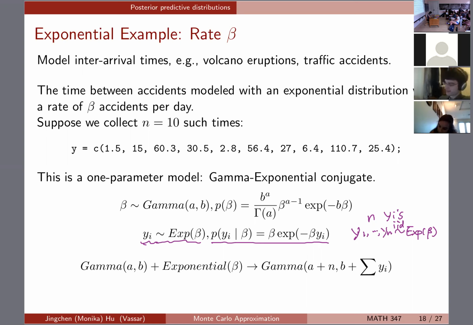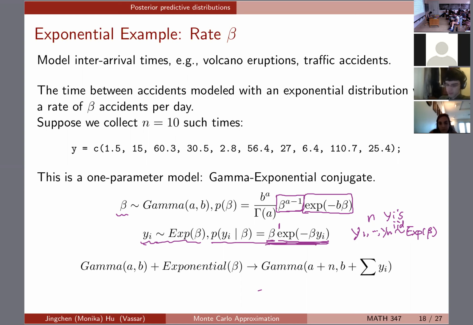You notice that because the random parameter here is beta, the kernel will be beta raised to some power, and then in the exponent, some negative thing multiplied with beta. Over here you see that this is beta raised to the power of 1, and this is an exponent of negative yi beta.